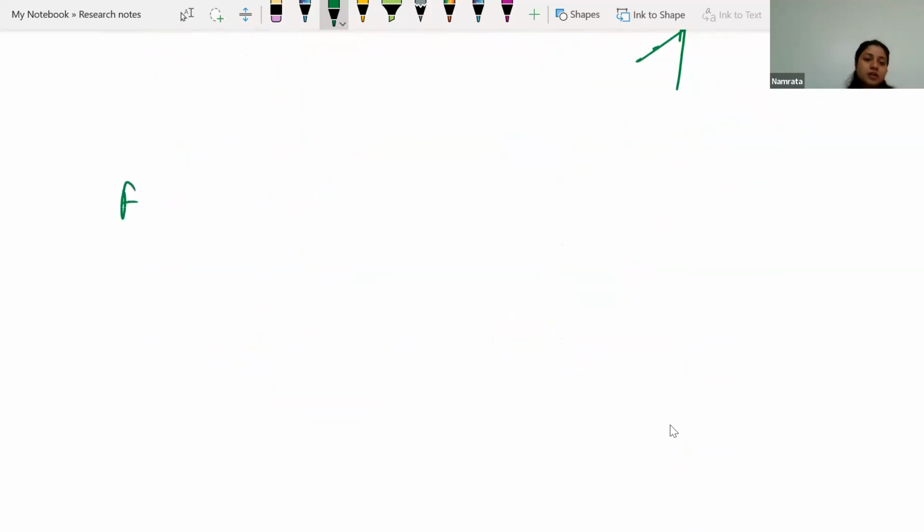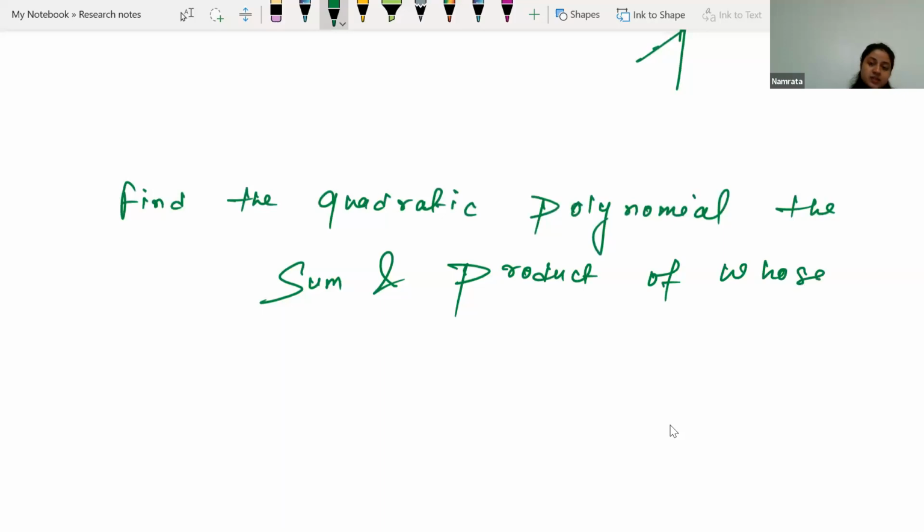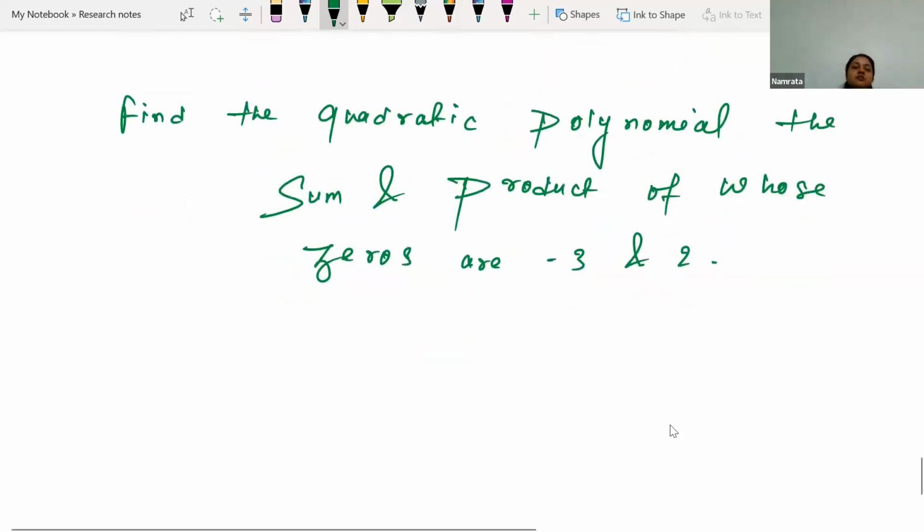Find the quadratic polynomial, the sum and the product of whose zeros are -3 and 2. How to find the quadratic polynomial from here?